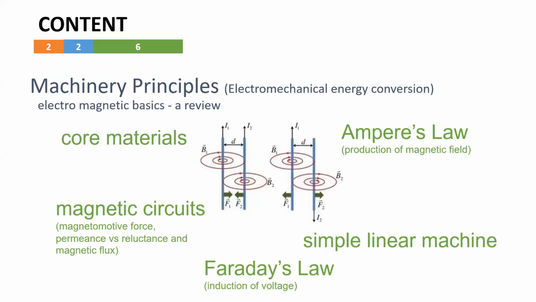Then we will be discussing more about the energy conversion. So electromechanical conversion, in the sense of how electrical energy is converted to mechanical and mechanical is converted back to electricity. So about Ampere's law and magnetic circuits, etc. There would be a substantially high amount of new concepts and theory under this lecture.